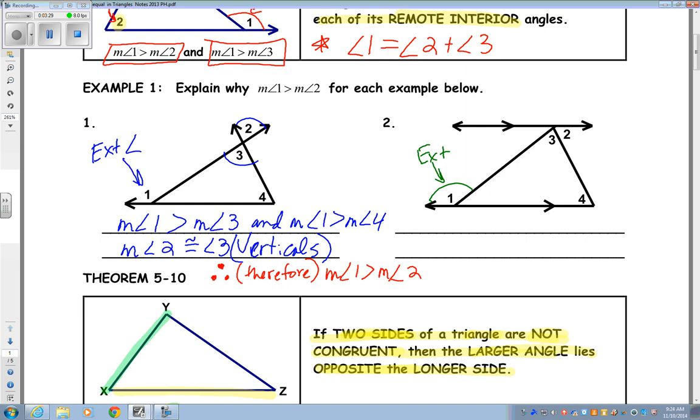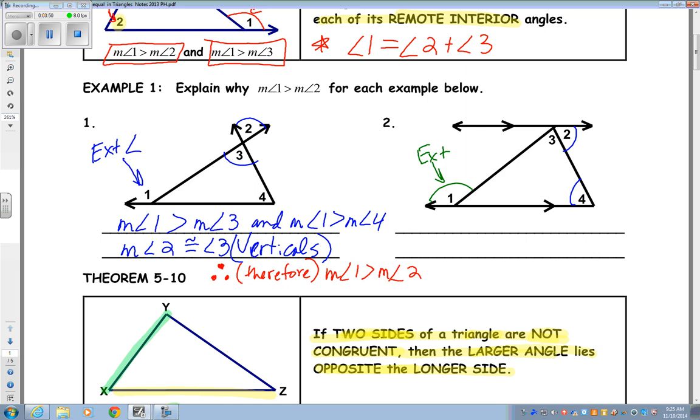See if we can use previous knowledge. Anything you know right now. 2 and 4, yeah. 2 and 4, I can say that because we have parallel lines. So 2 and 4 are alternate interior.